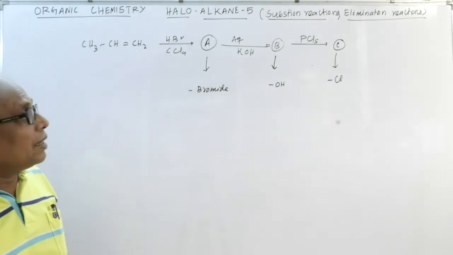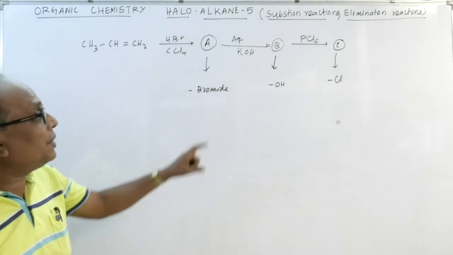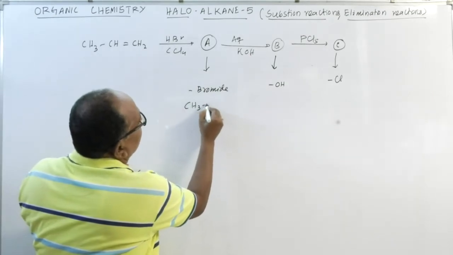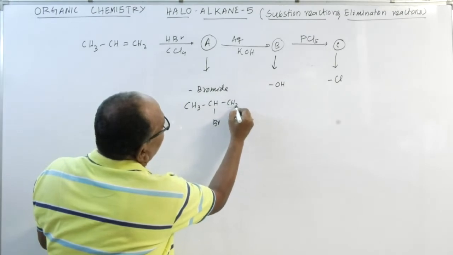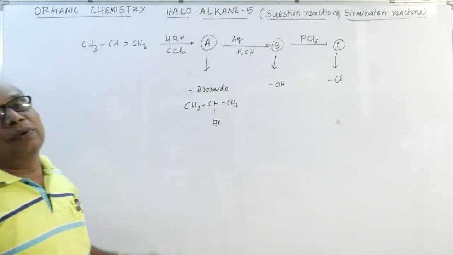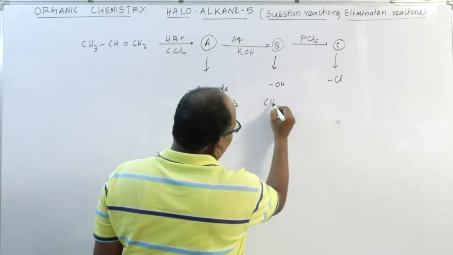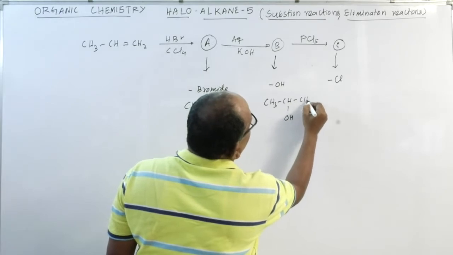Okay, students, can you write now? What will happen to this one? This became CH3-CHBr-CH3. You try, then you answer. Again this one, CH3-CHOH-CH3.